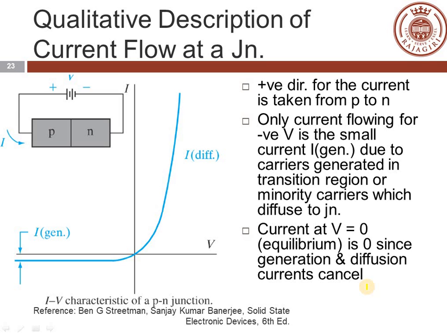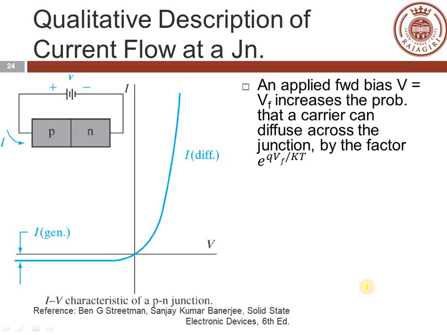So the current at V equal to 0, or equilibrium, is 0 since generation and diffusion currents cancel. We can write total current I equal to I diffusion minus modulus of I generation, which will be equal to 0 at equilibrium, that is at V equal to 0.